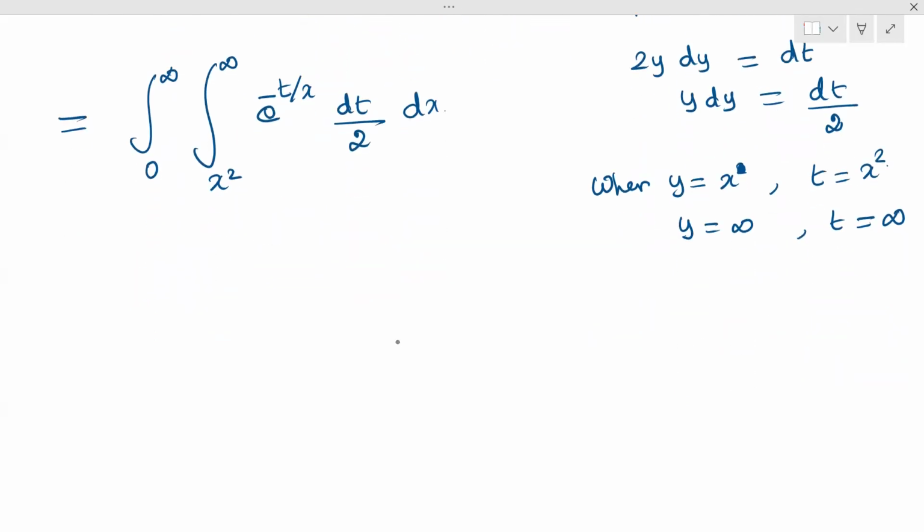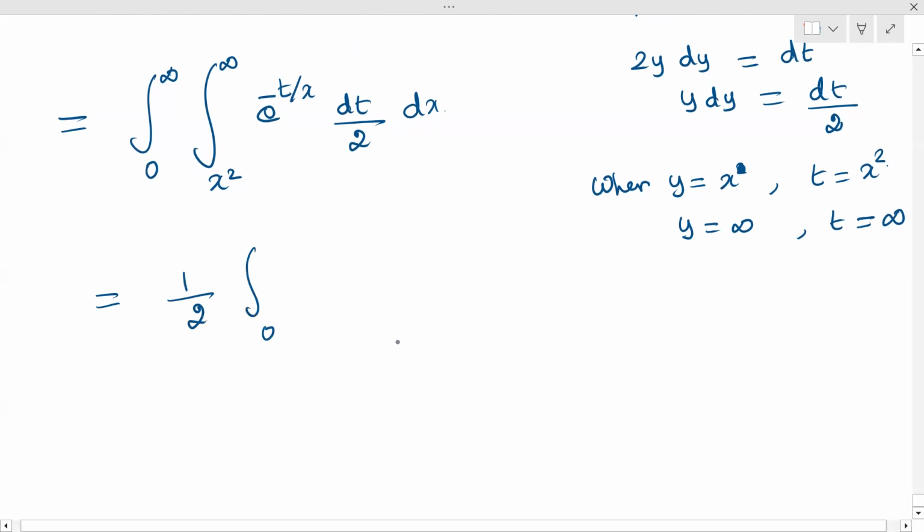Now it is looking like a very simple function to integrate. Take the constant 1 by 2 outside, 0 to infinity, e power minus t by x. Here we are integrating with respect to t, so x is a constant.